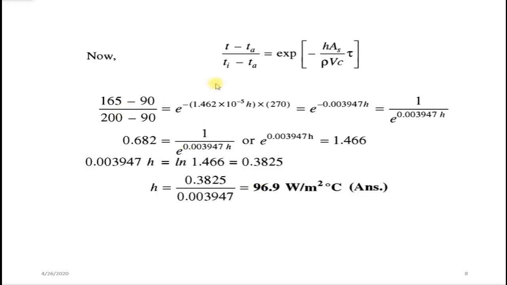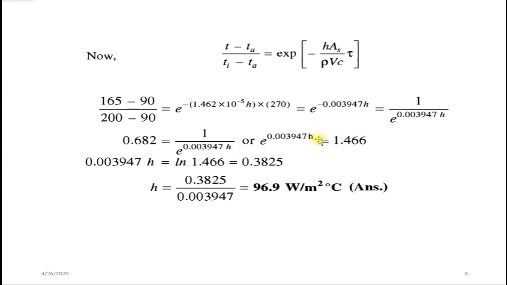Now you see, after substitution, 165 minus 90 divided by 200 minus 90 equals e power of that whole term, which they have written here in terms of h. Okay. Now 0.682 equals 1 by e power of 0.003947 into h, that is nothing but e power of 0.003947 h equals 1.466.